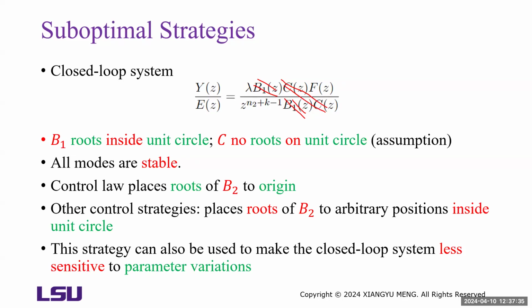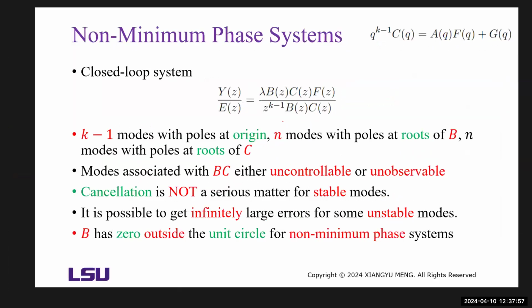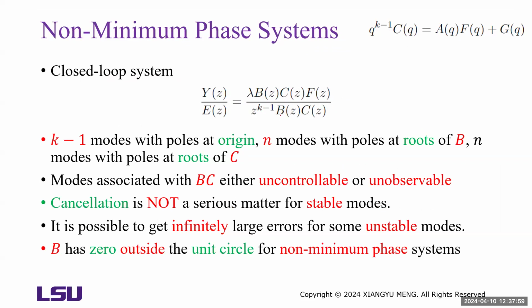So in other words, almost all of the closed loop system modes using the suboptimal strategy are stable modes. All the modes are stable modes. If you compare with the transfer function under the minimum variance control law, we have B, which is B1 times B2, okay?